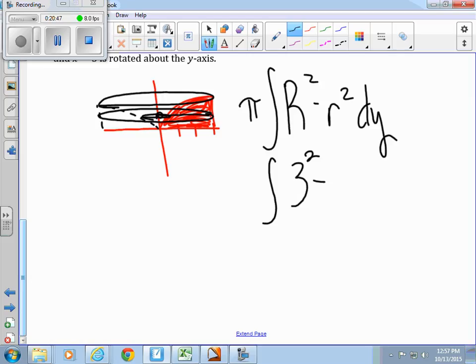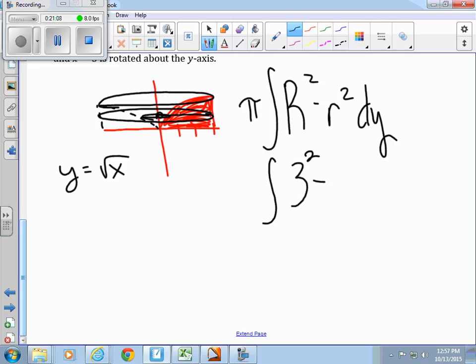What about my little radius? Okay, it is changing, and it's the distance from 0 to that square root curve. But I know I can't use the square root of x because I'm integrating dy.